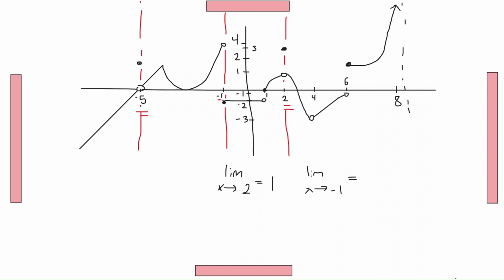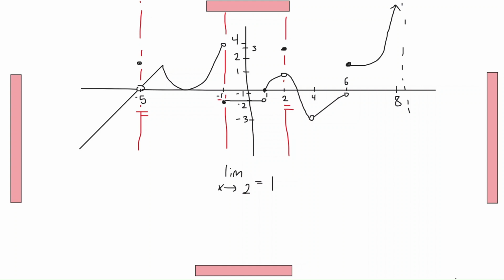So we know that from the right it's negative 2, and from the left it's 4. So if the values of the limits are not the same, we would always put DNE if it asks for the two-sided limit. Okay, so just keep that in mind. Sometimes you will have to put DNE if there's a discontinuity, usually a jump discontinuity.